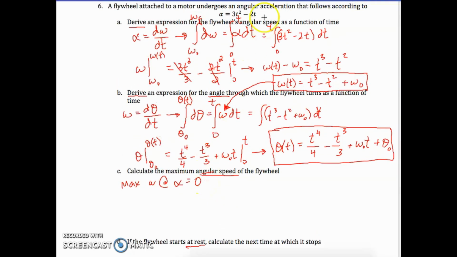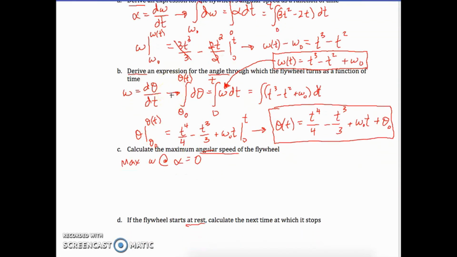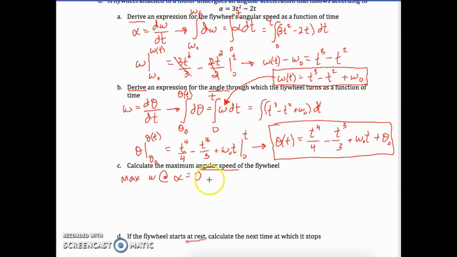So what we need to do is take the expression given at the beginning for angular acceleration, set it equal to 0, and solve for t, and then take that time and put it into the equation for omega to get that speed. So the angular acceleration expression is 3t squared minus 2t, and we set that equal to 0.